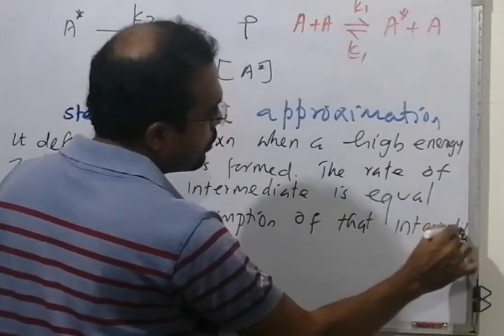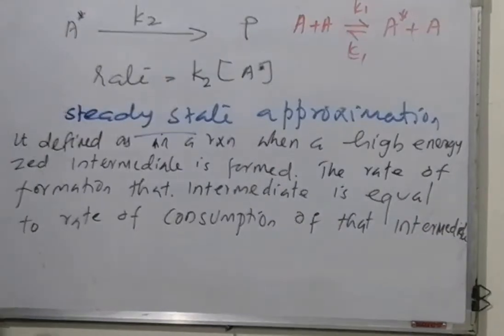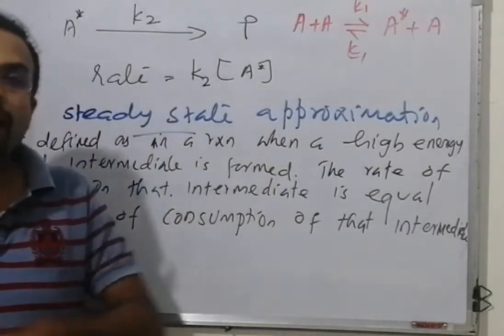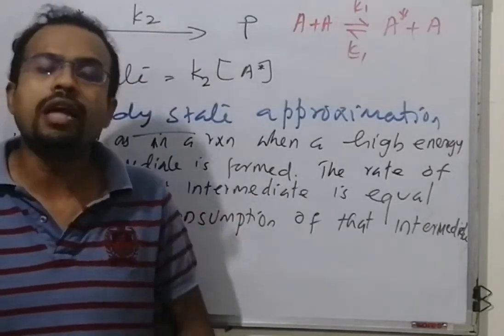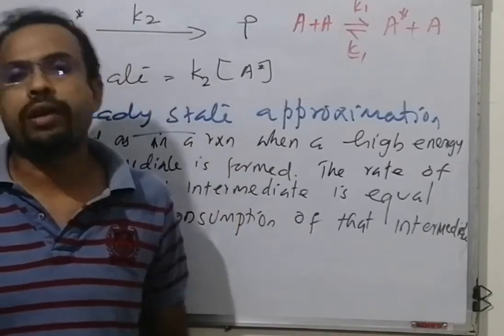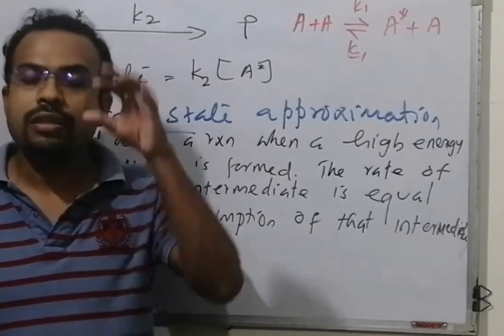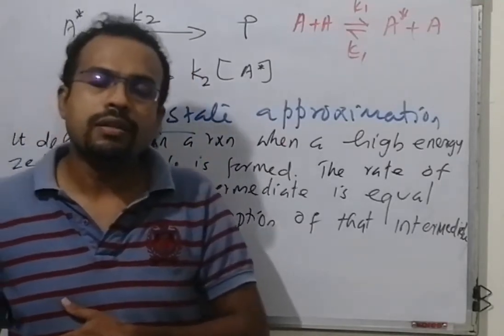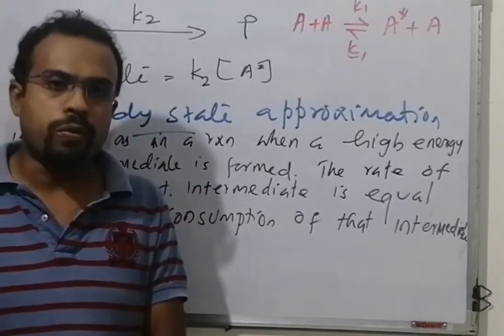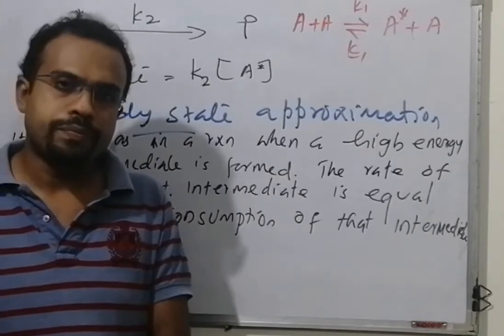This is the approximation. Whatever the speed at which the intermediate is formed, that much speed it is consumed, converted into reactants or products. That is, you will not get the intermediate A star in the reaction once the reaction is over.